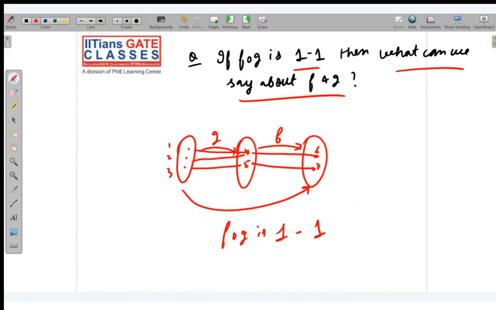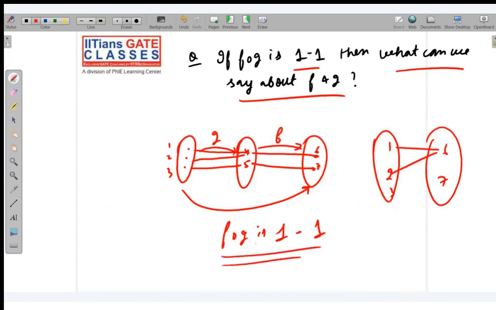Are you getting it? g should be 1-1. If g is not 1-1, see this: 1 and 2 both are mapped to 4, and 4 is mapped to 6, so 1 and 2 both are mapped to 6. So there is no way out. So for f o g to be 1-1, g should be 1-1. And forget about f, f can be anything. For example, see this. Let me give you another idea.